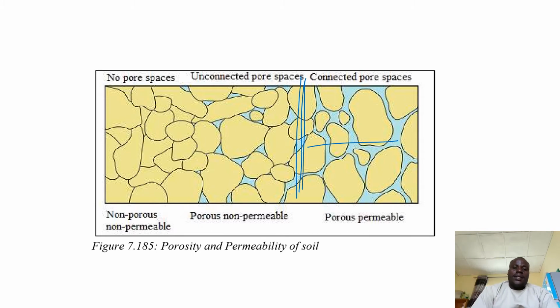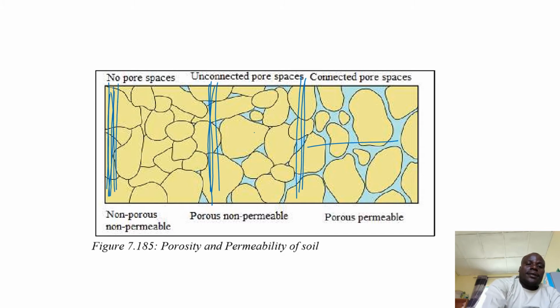And if you look at the middle part, there are few pore spaces, few and small, by the way. And if you look at the left part, it is non-porous, non-permeable, because we don't see pore spaces. It is intact. So I think this determines the soil permeability and soil impermeability.